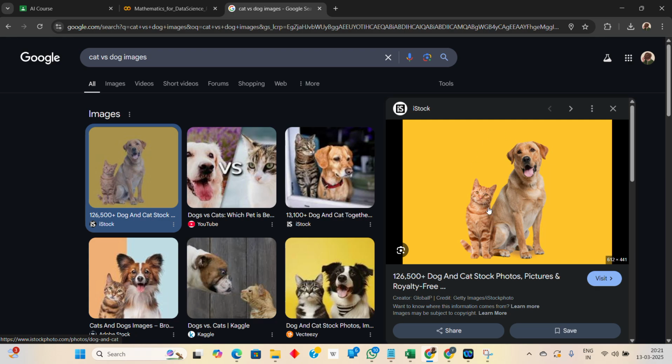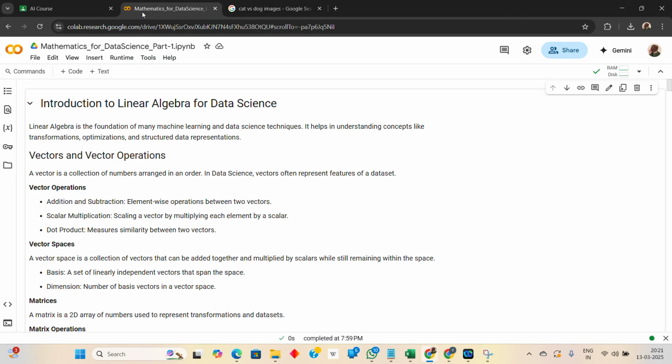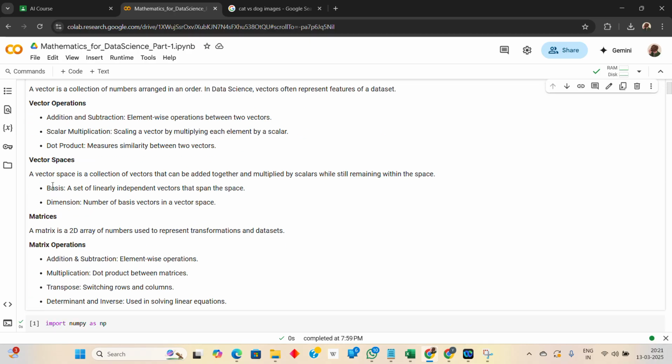Correct? Such identified things in data sets are what we call features. Such features, we store them in vectors. Got it? Once we store them in vectors, we can do some operations like addition, subtraction, scalar multiplication, dot product.